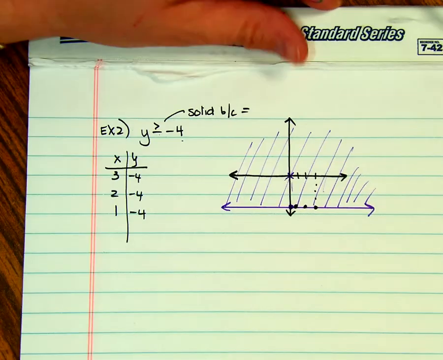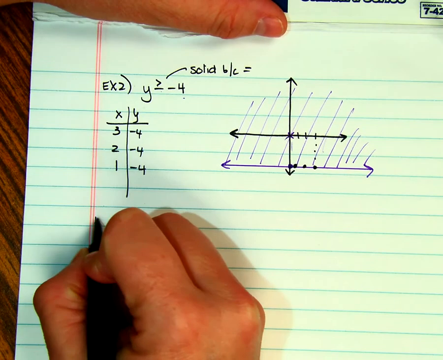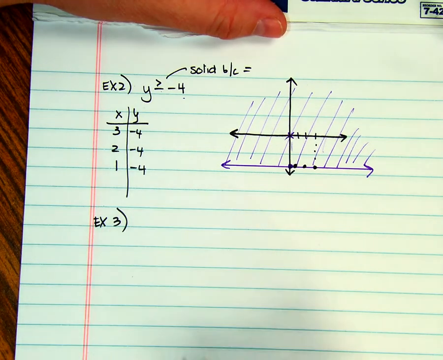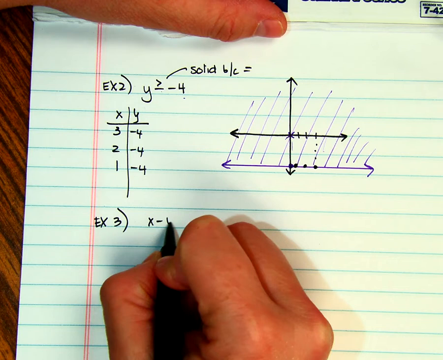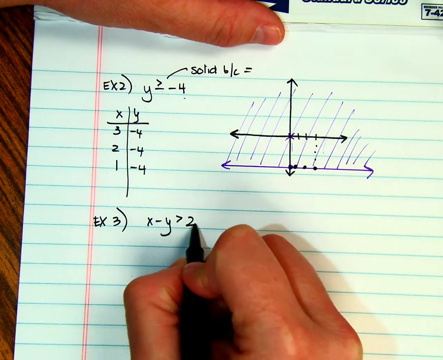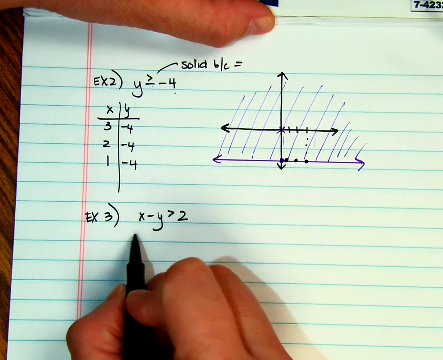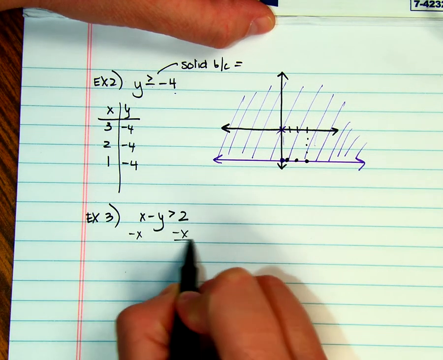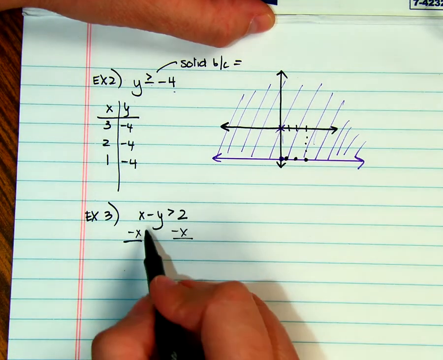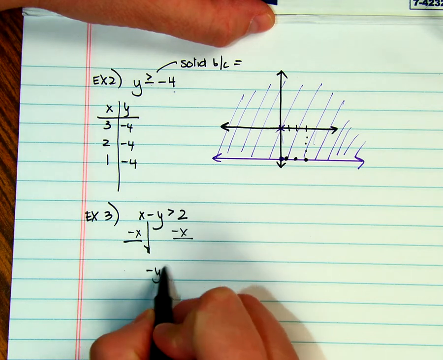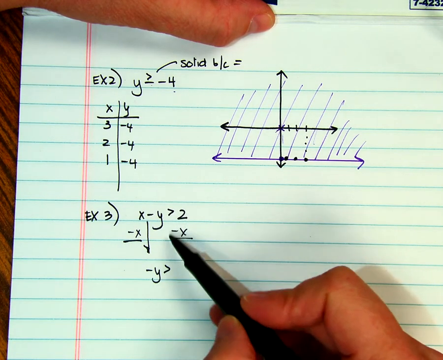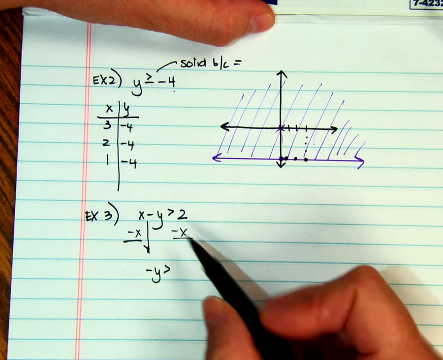Let's do example 3. x minus y is greater than 2. I'm going to solve for y, to put this in slope-intercept form. Subtract x. Don't forget to bring down the negative y. Remember, these are not like terms, so we cannot combine them.